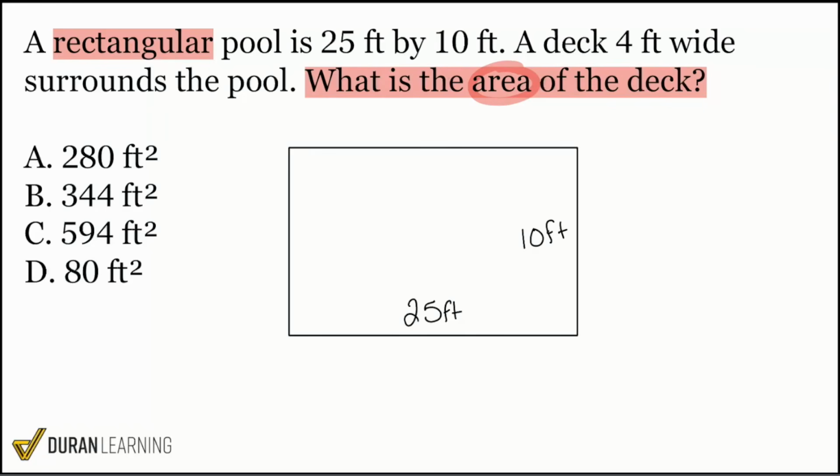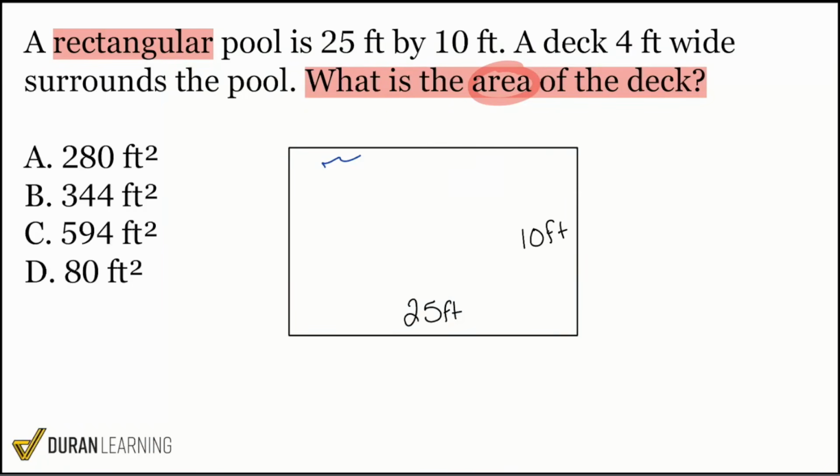And now here's where the tricky part comes in. So before we continue, this is going to be very important. Everybody pay attention, whether you're watching this as a recording or here live. Everybody, did you notice that here it says specifically the pool is 25 feet by 10 feet?